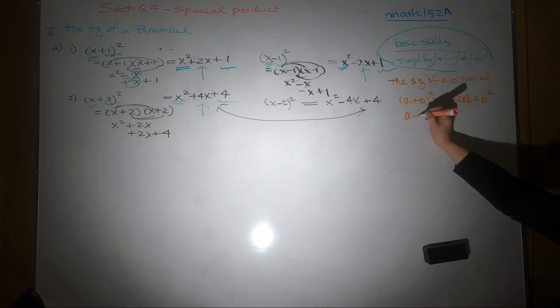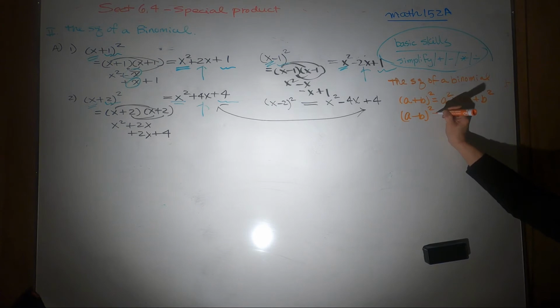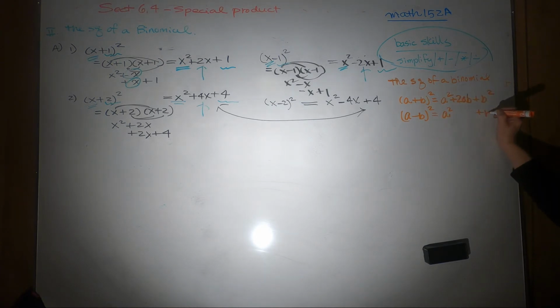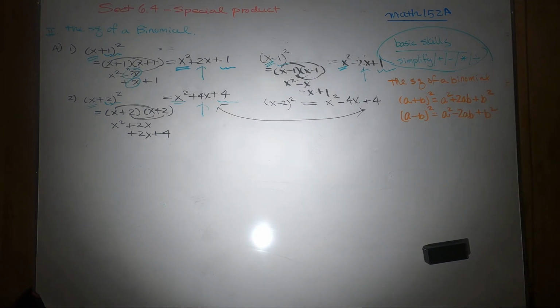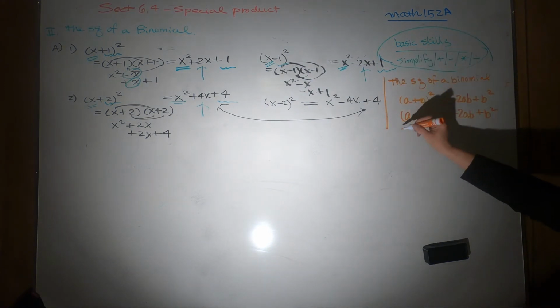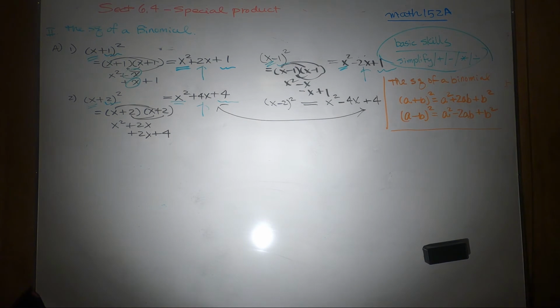If it's A minus B squared, what do you think you should have? You should have A squared and B squared at the end. Middle part, double it, AB with minus, so minus 2AB. Right? So we are learning the first formula, or you can just do the FOIL, you will end up with the same thing.